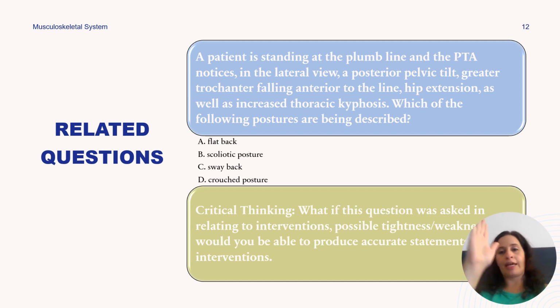Whereas sway back, it creates kind of that sway because of the top part sticking out and then the back kind of being sucked in the other way. So like an S almost. But not in the scoliosis way, in the lateral view way. Okay, so the answer there is sway back.